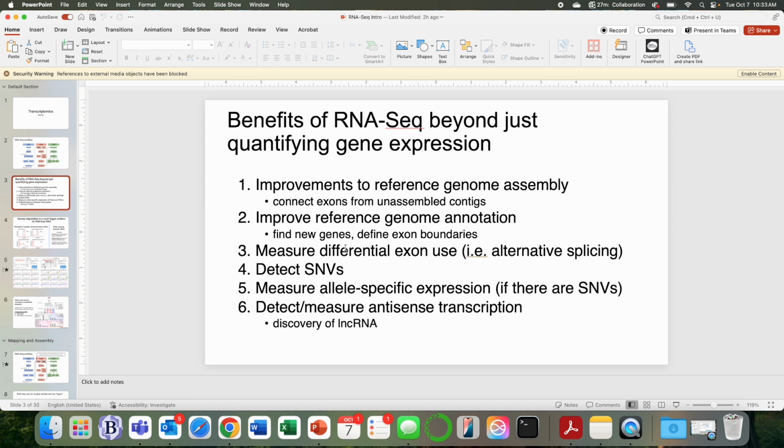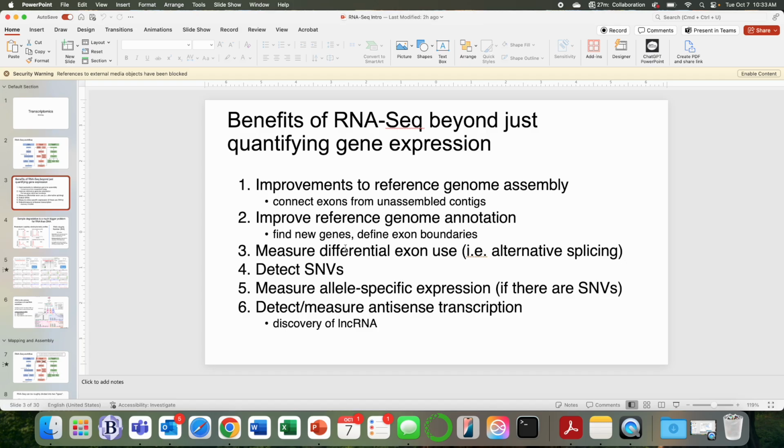We didn't talk so much about assembly, but one of the problems with lots of genomes is that you think of a genome in terms of chromosomes, but actual genome sequence assemblies are often broken up into contigs, so they're not contiguous. Doing RNA-seq can link them, because if you've got an exon on one contig and an exon on another contig, that tells you that those must be actually connected in the genome. So RNA-seq can give you information about the genome assembly.